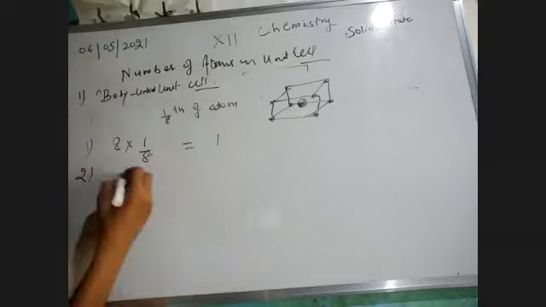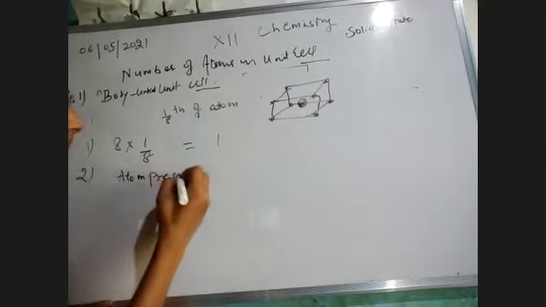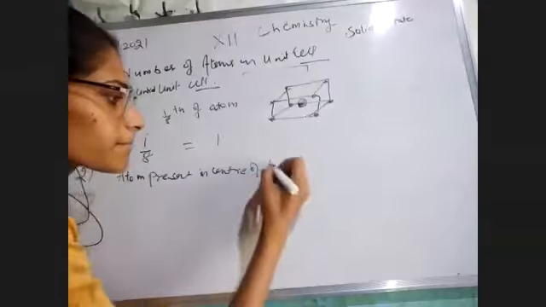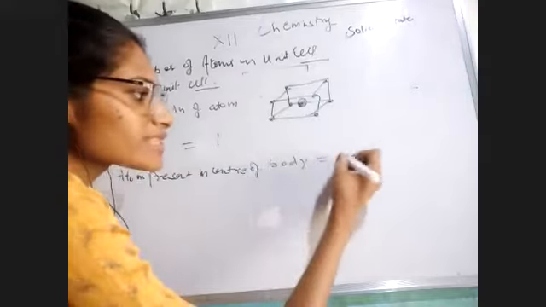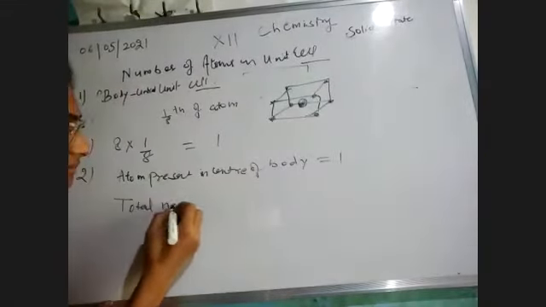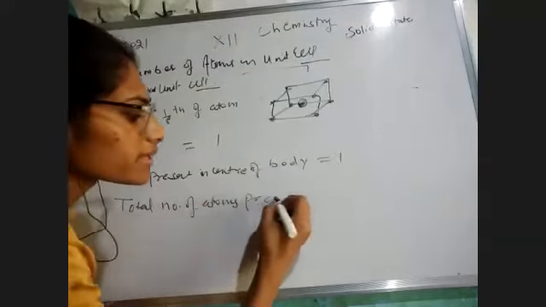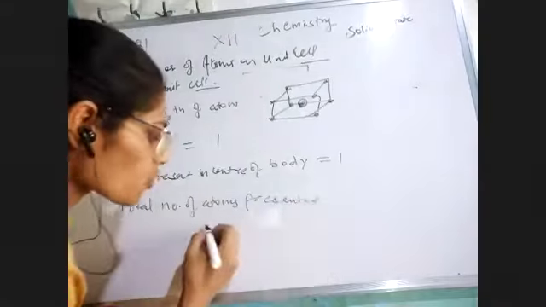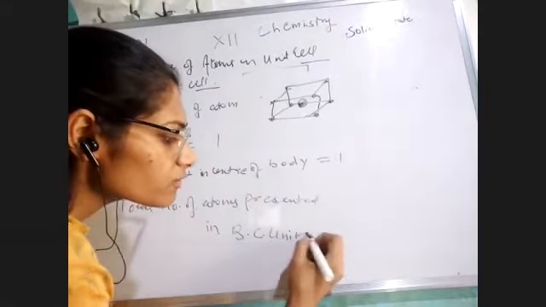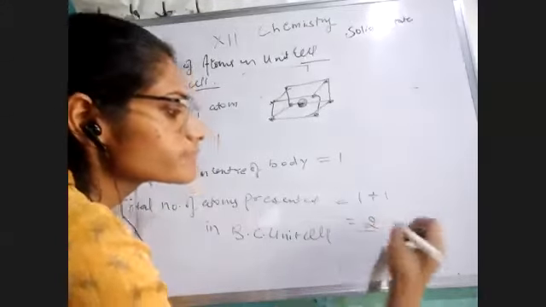So the atom present in the center of the body. I think now it is clear to you. So the total number of atoms present in the body-centered unit cell is equal to 1 plus 1 equals 2.